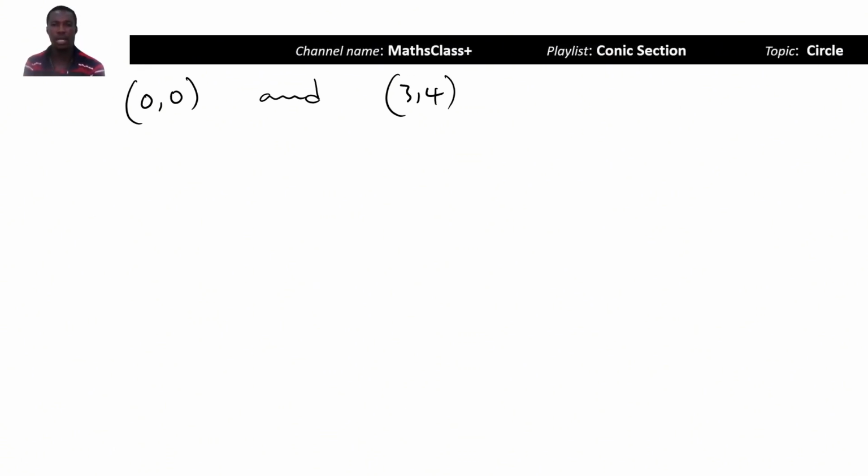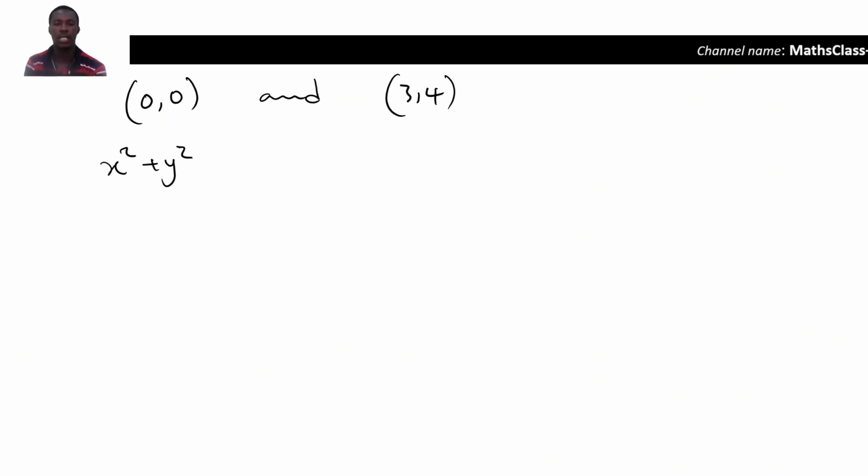So if I substitute straight away, I'll get x squared, substituting the center first. x squared plus y squared, the g components will be 0, the f components will be 0, so plus c is equal to 0.